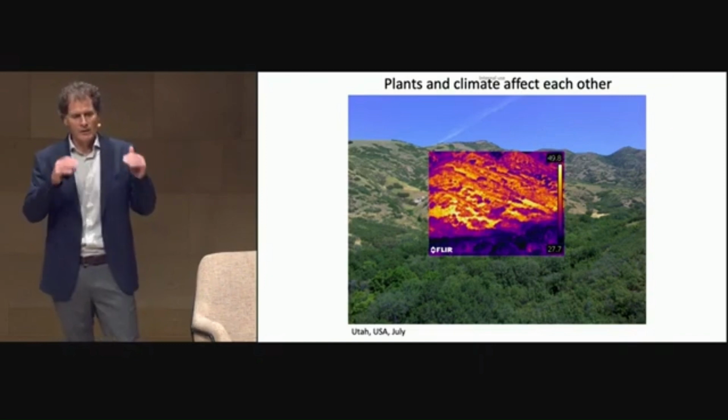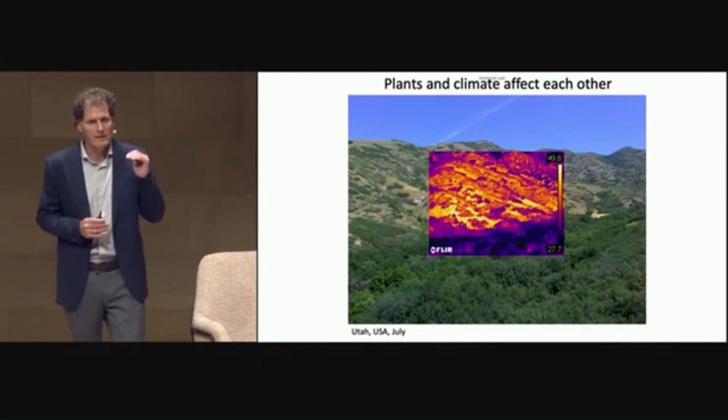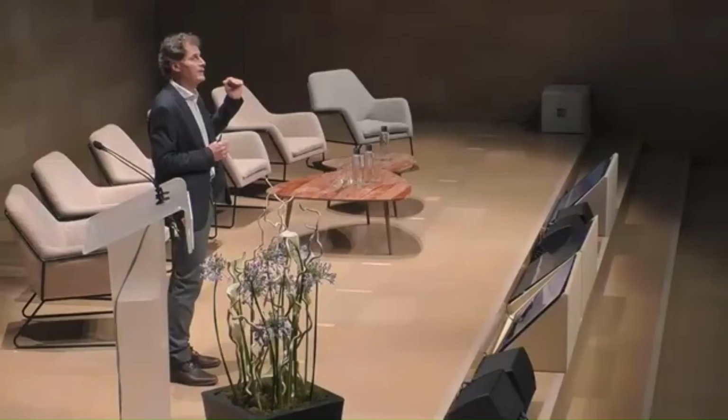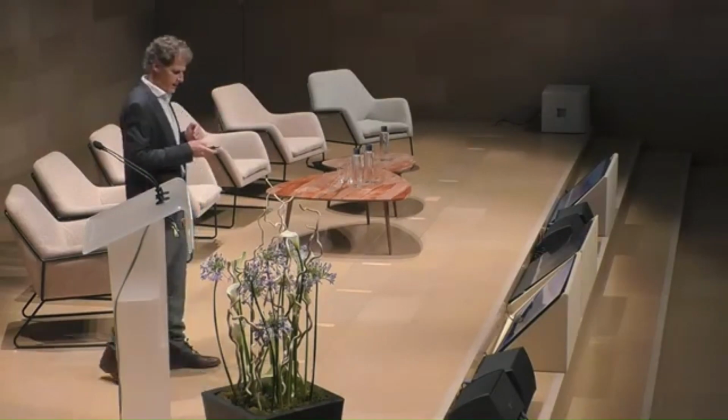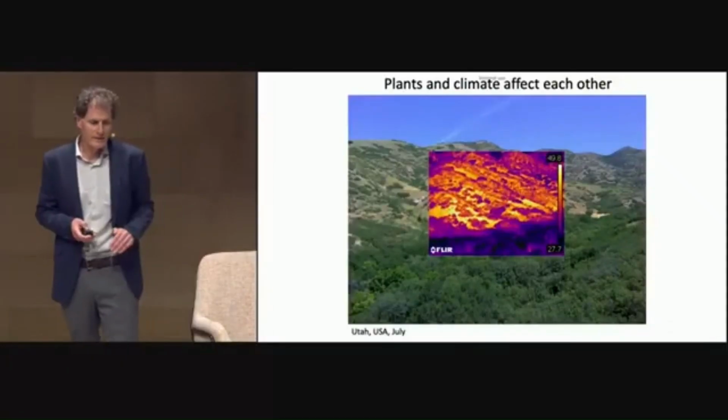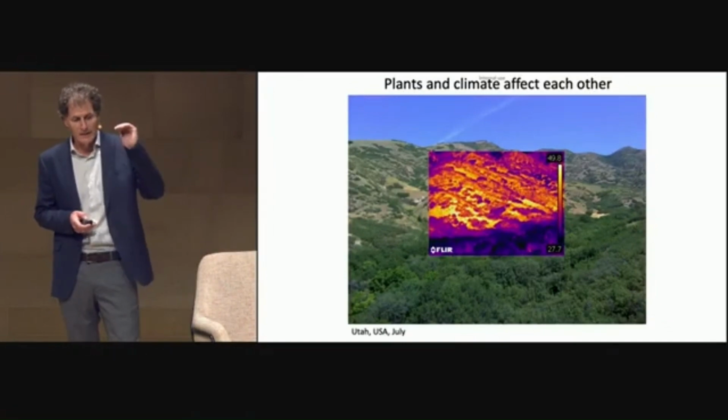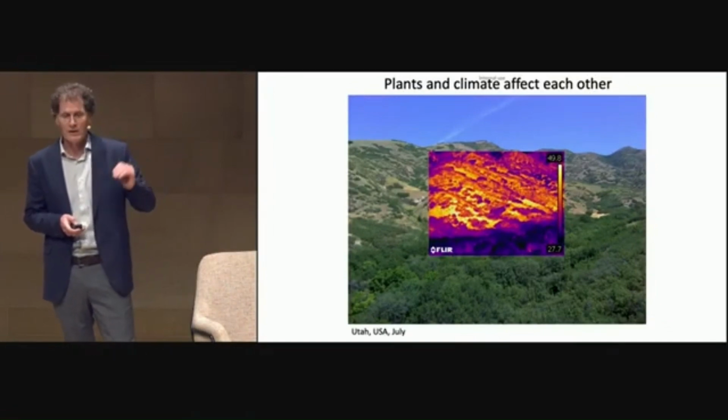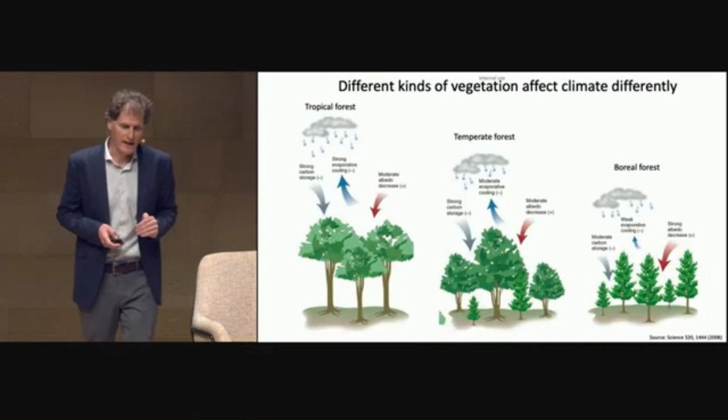They're transpiring, they're cooling the canopy, and that canopy is several degrees cooler than the ambient temperature. The ambient temperature on that day was about 40 degrees, and down in the riparian system at the bottom, where there's lots of water available, the canopy is much cooler than that, and the ground temperature, that bright orange, is much warmer.